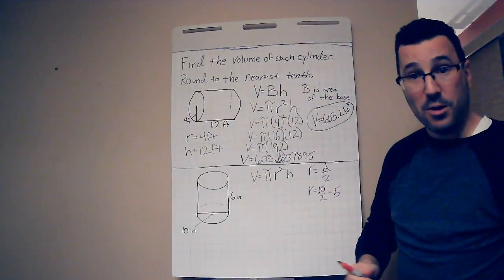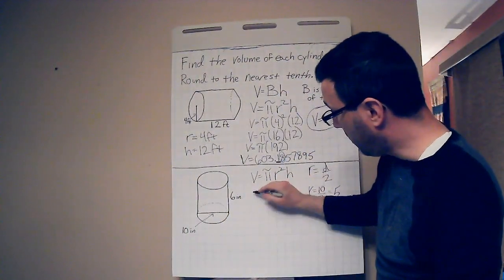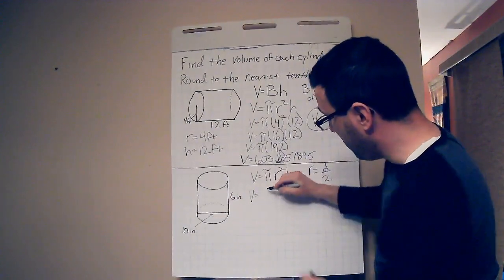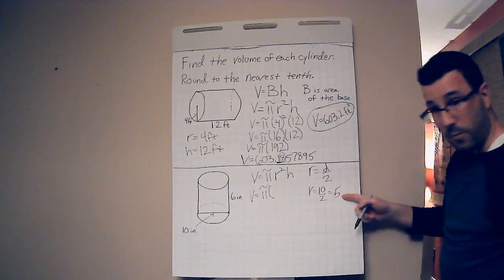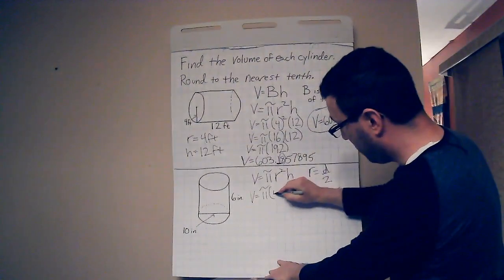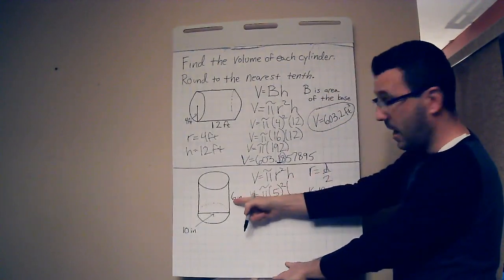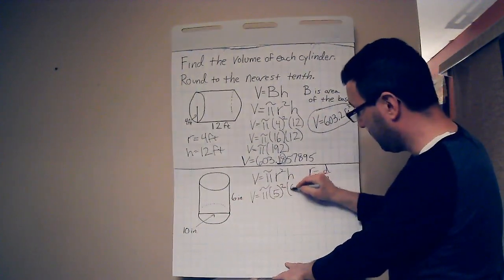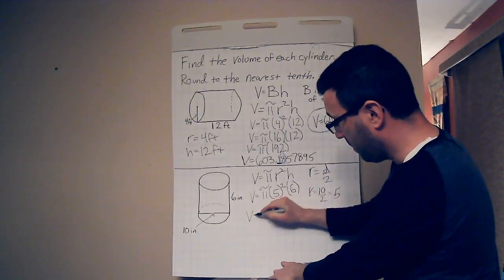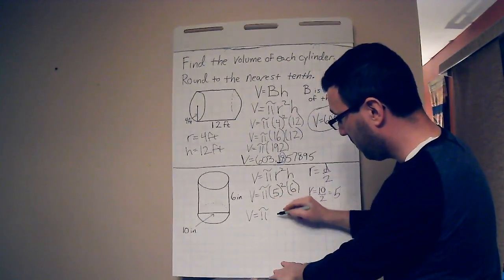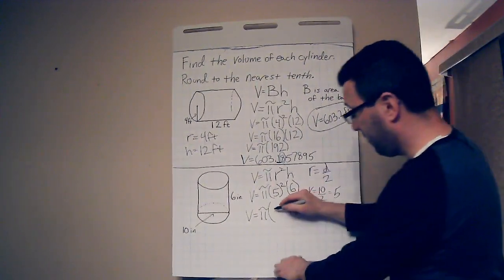So, now we're going to start plugging in. Alright? Volume equals pi. Our radius is now 5. 5 squared. And our height is 6 inches. Volume equals pi. 5 squared is 25.